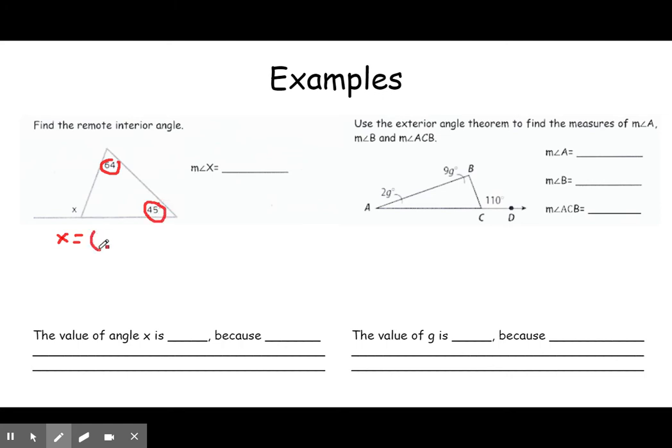If I take that 64 and add it to 45, I get 109. So the measurement of angle x is 109 degrees. All I did was add my two remote interior angles, and that is equal to the measurement of the exterior angle.